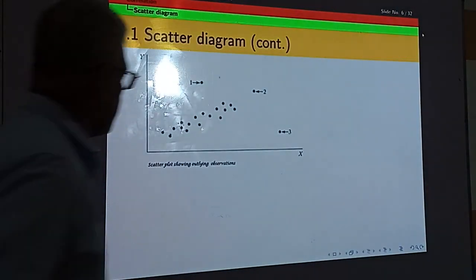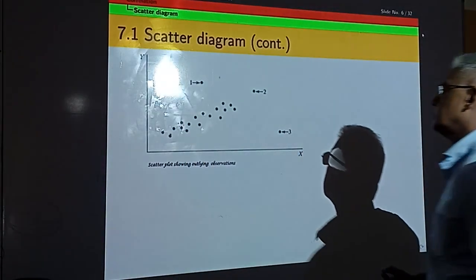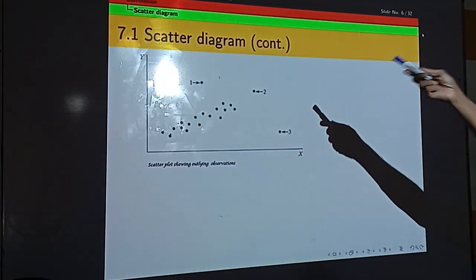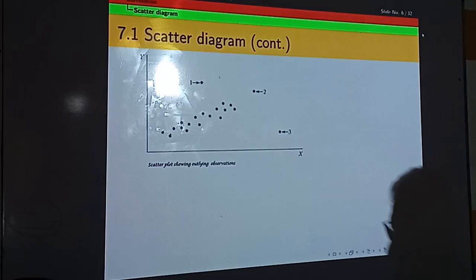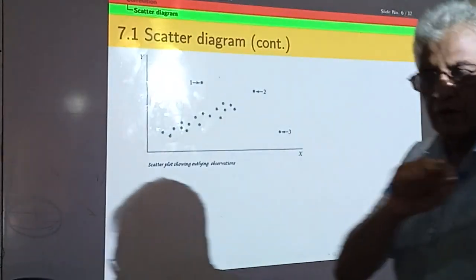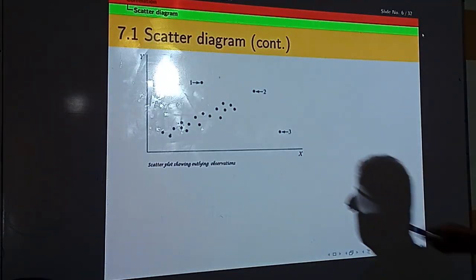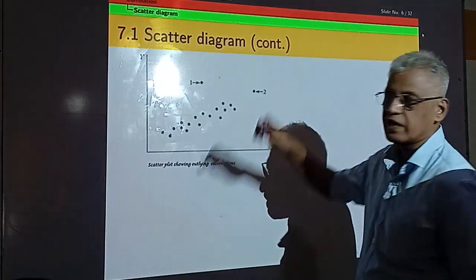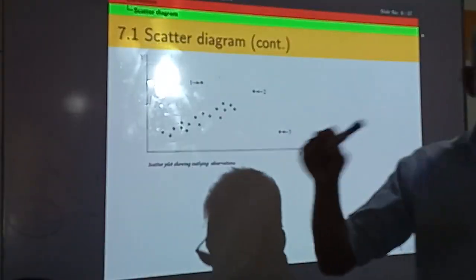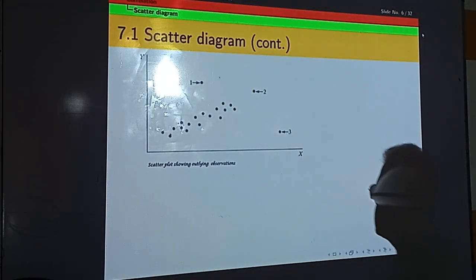Now, these are some outliers, for example. In the previous situation, we were talking about univariate outliers for one variable. Similarly, we can talk about bivariate outliers. Here, all these points are bivariate. Each represents two variables.